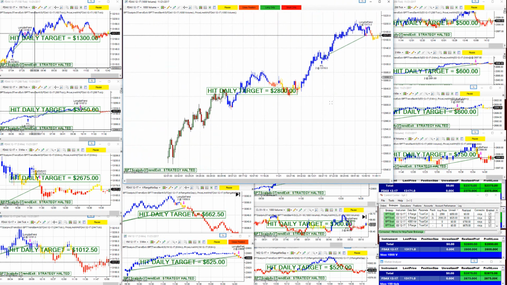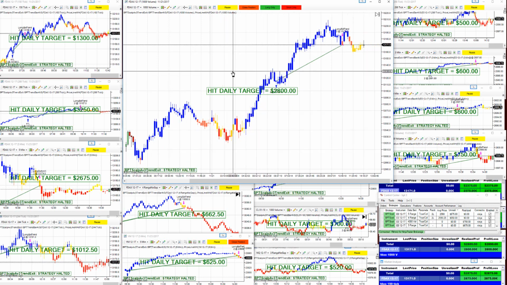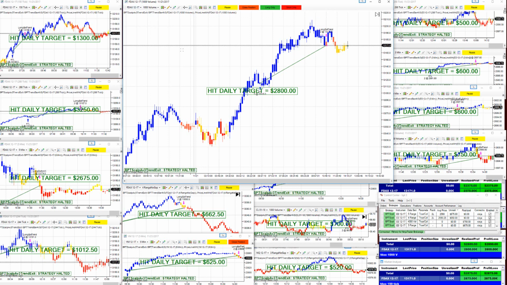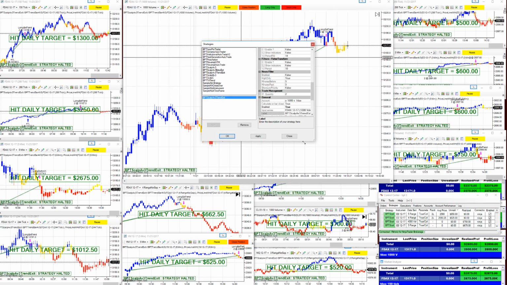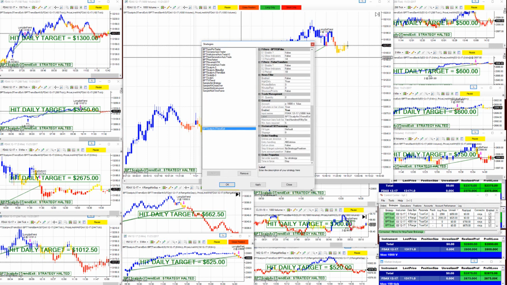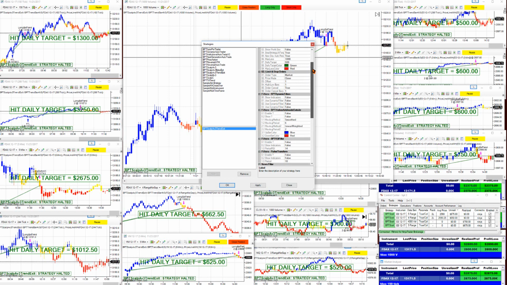it doesn't matter what amount you're looking at. As an example, this one here is the DAX 2800. We set the target at minimum 500. There we go, 500. On that auto trade you have an option, market order or limited order, but I use a market order on the swing trading, and on the scalper I normally use a limited order.